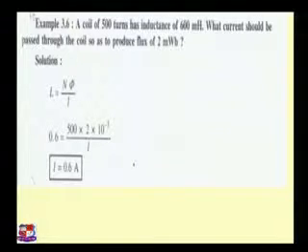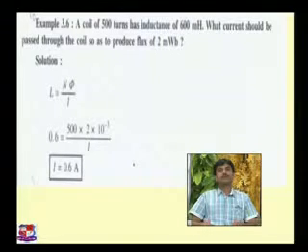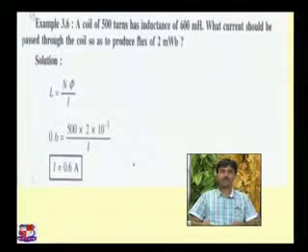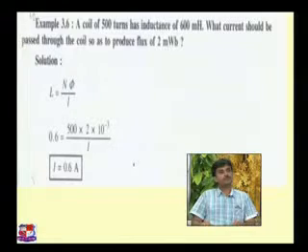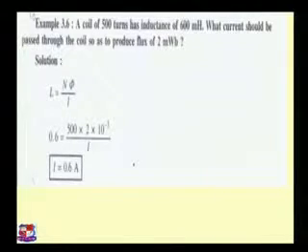Solution: L is equal to N phi by I. We learnt in the first definition of self-inductance. So L is equal to N phi upon I. Put the values: L is equal to 0.6, N is equal to 500 turns, self-inductance is 600 millihenry, and flux is 2 milliwebers.